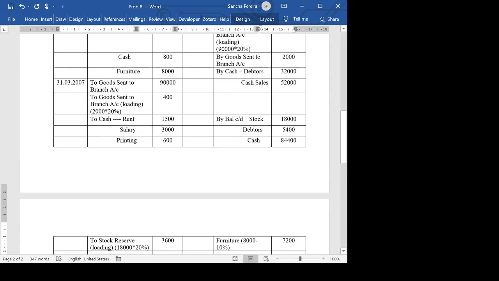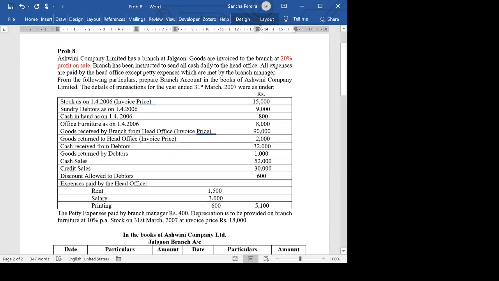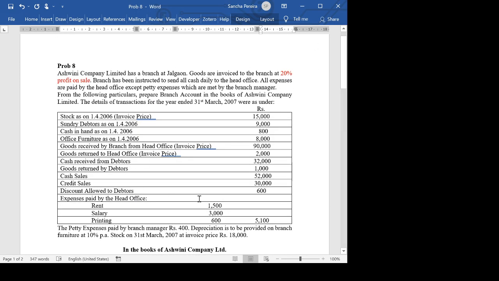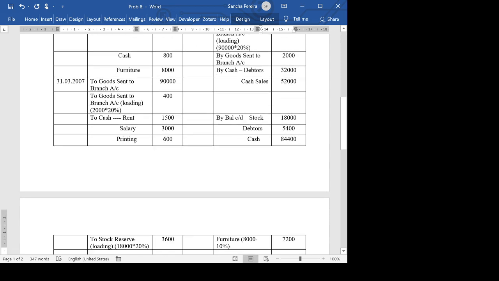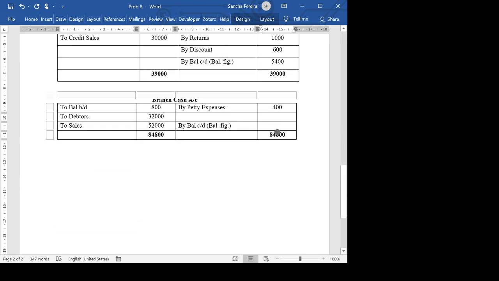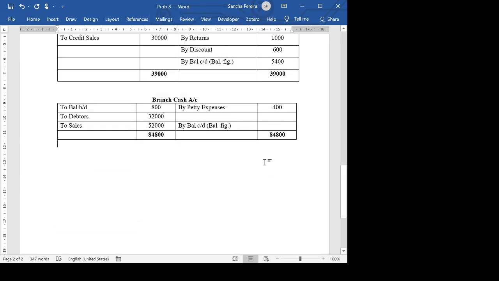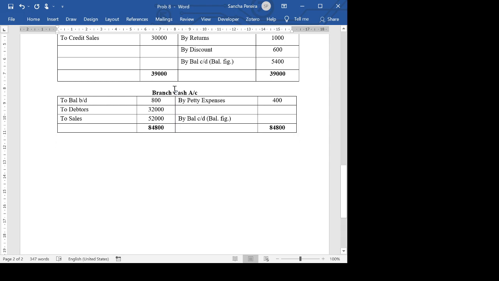It's not directly mentioned here, and that's why it slipped my mind. But we need to do it thinking from the point of view of movement of cash. Can anyone tell me what it is? Quick, quick.